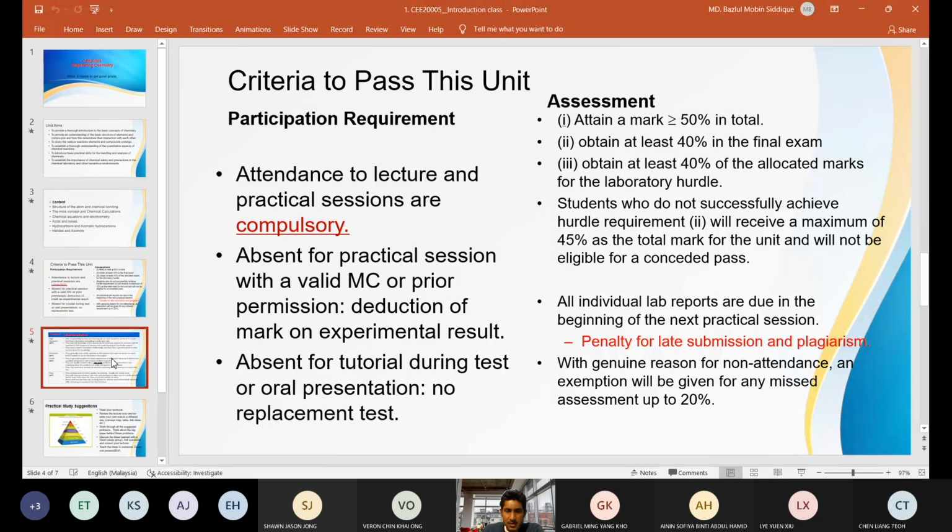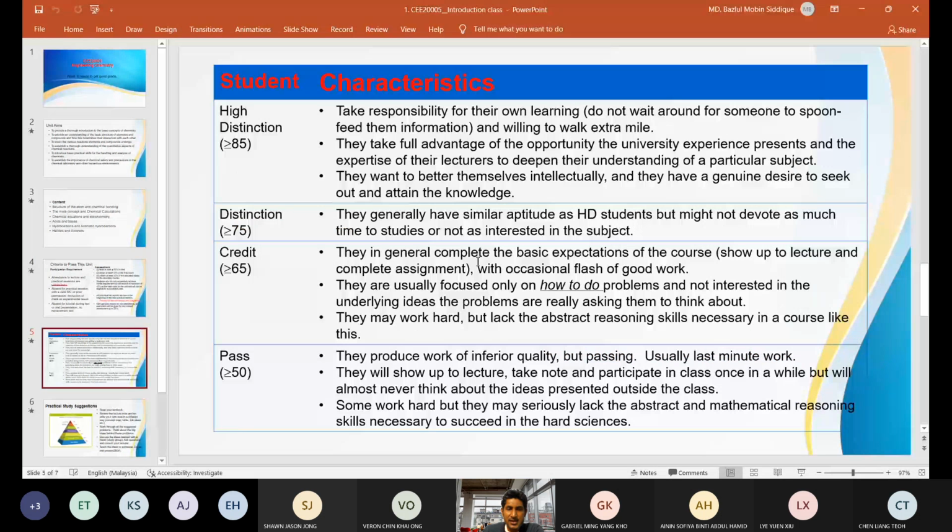So, student characteristics now. What are the differences between high distinction and pass, or distinction and credit, or in between them? All right, high distinction. Bear in mind that our students in this unit usually do really well. High distinction students take responsibility for their own learning. Do not wait for things to start or for everybody to ask you to do this and that.